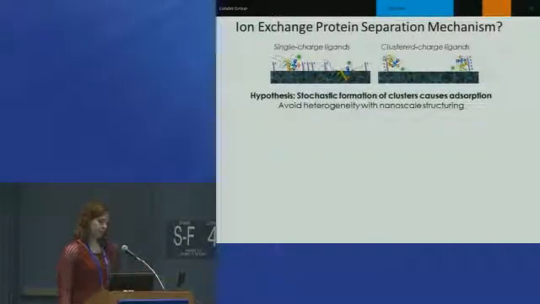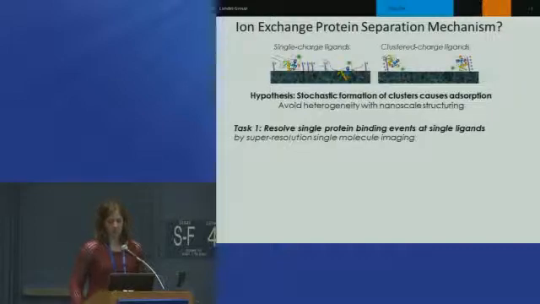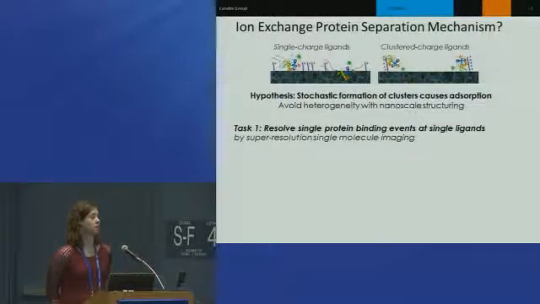So in order to test that hypothesis, though, we're going to have to do the opposite of what you would do in chromatography. Instead of increasing the loading density to improve the separation, we actually want to decrease the loading density so that we can be absolutely sure that we can understand and measure the interaction of a single protein with a single ligand. And then, ideally, we'd like to use our newest spectroscopy method, super resolution microscopy, to resolve individual proteins binding with individual ligands, to make sure that we only have single ligands.